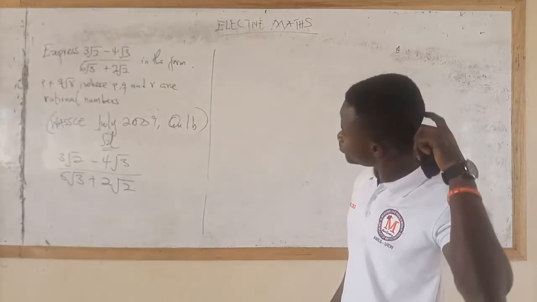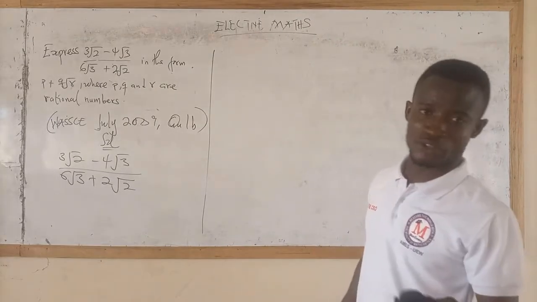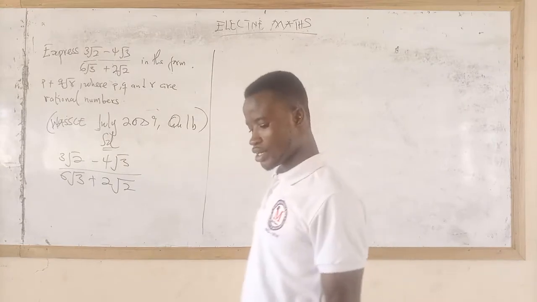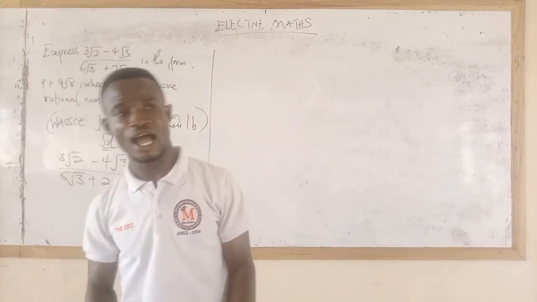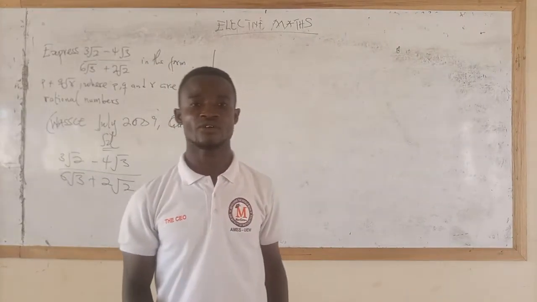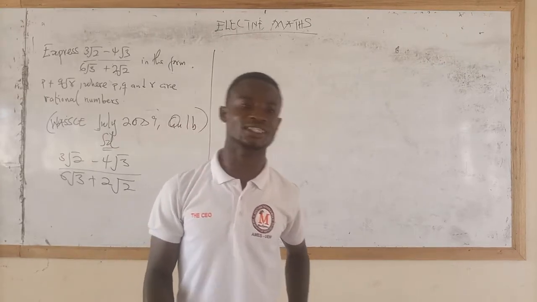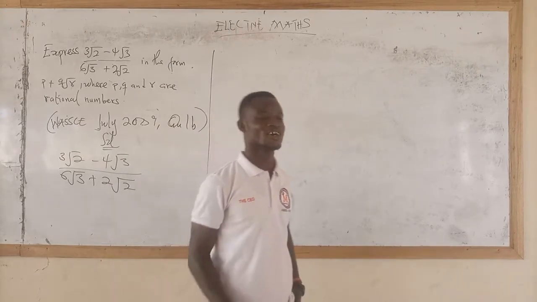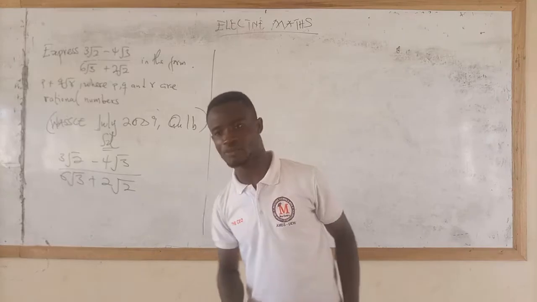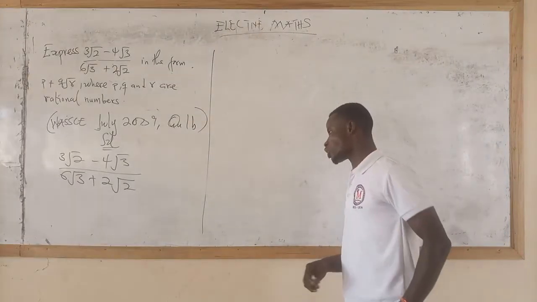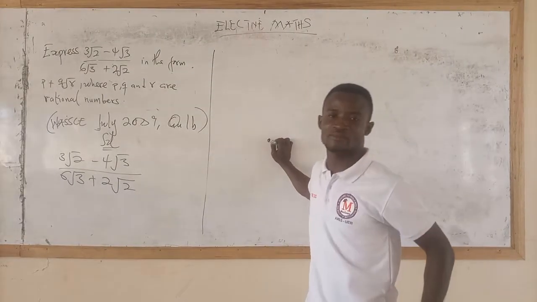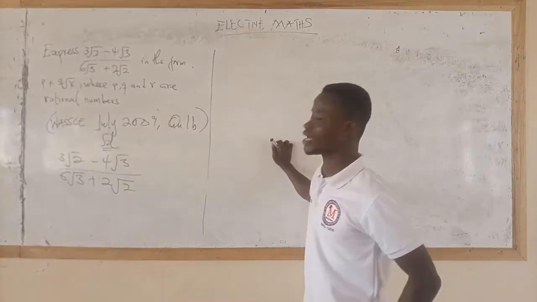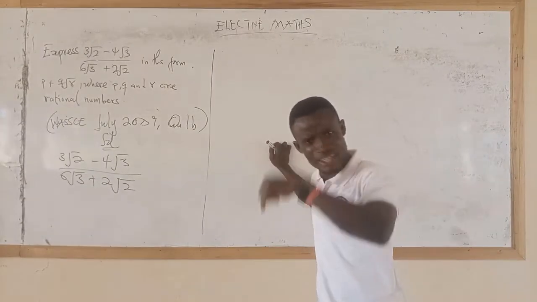But in some of your books, it's written as a subtopic: rationalizing the denominator. Most students, all that you know is rationalizing the denominator. But today I'm going to shock you. It's not always the denominator you can rationalize, you can also rationalize the numerator.